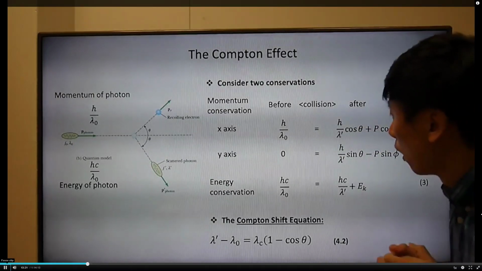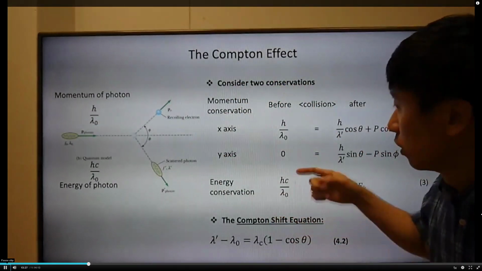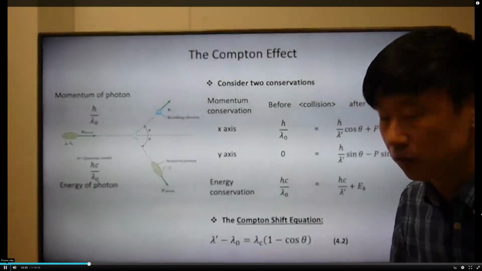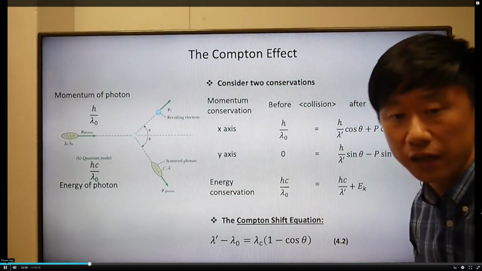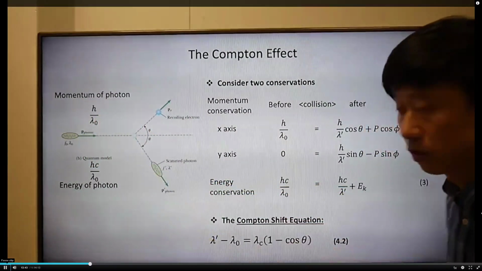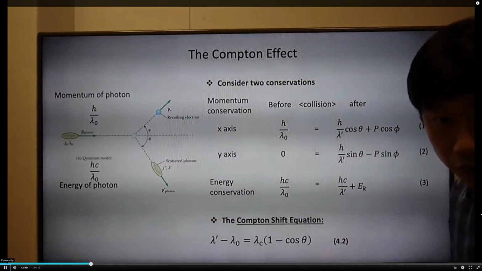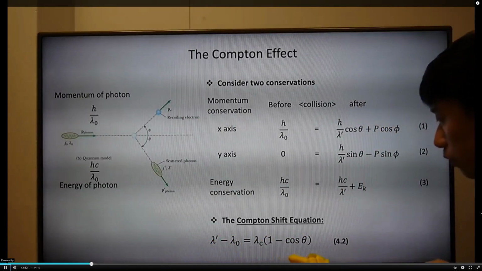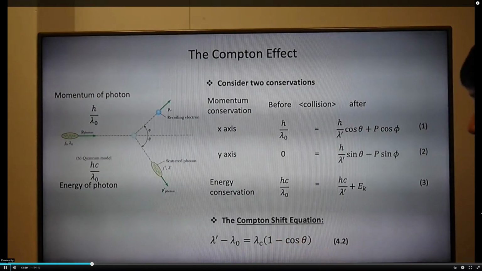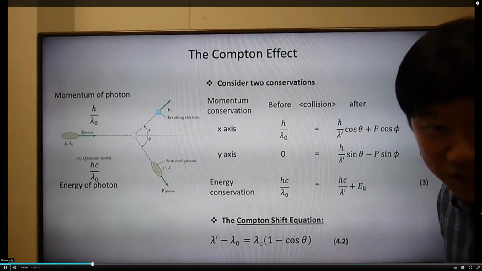In this Compton effect, as I explained here, we need to consider the momentum conservation of the scattered photon and scattered electron. Next, we need to consider the energy conservation, so the energy of the incident photon should be equal to the energy of the scattered photon and kinetic energy of the electron. And then you can use this Compton shift equation, the wavelength shift after scattering. But most of the time we don't consider the force balance. So the answer is C.